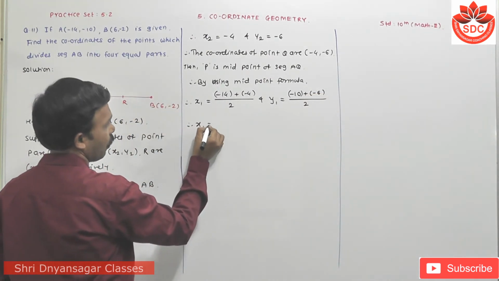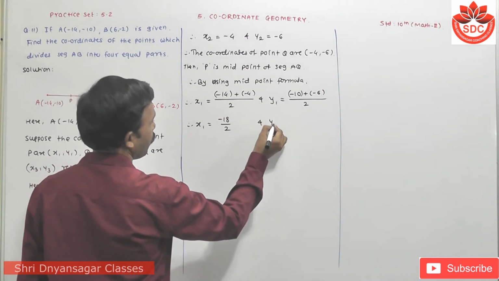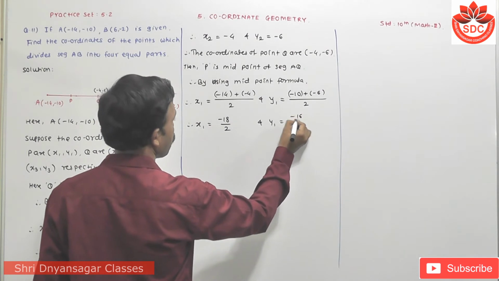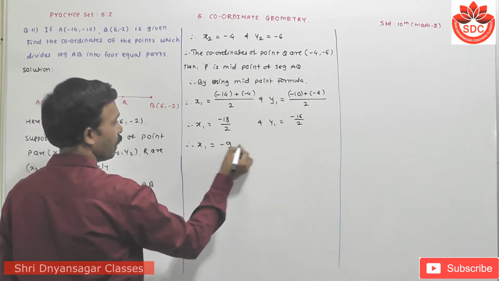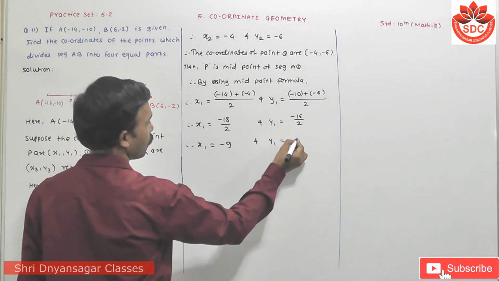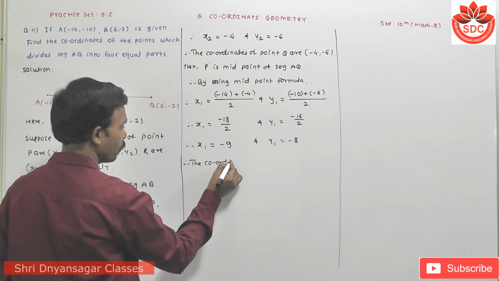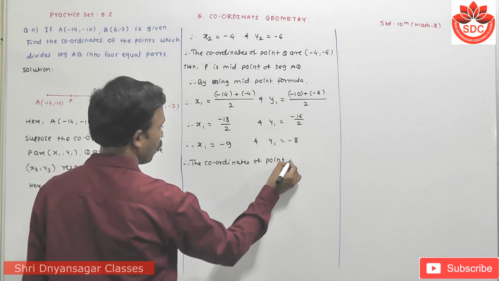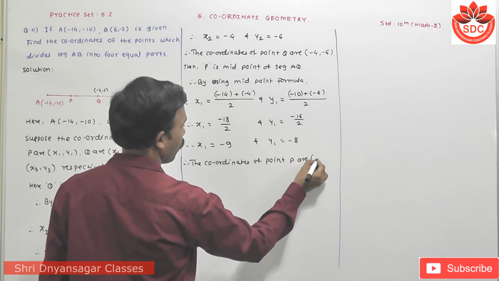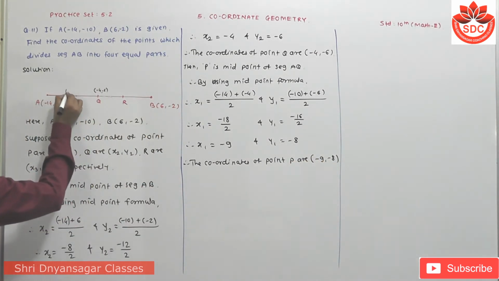Student, the addition of these two is -18 upon 2 and the other is -16 upon 2. When we simplify, x1 equals -9 and y1 equals -8. Therefore, the coordinates of point P are (-9, -8).